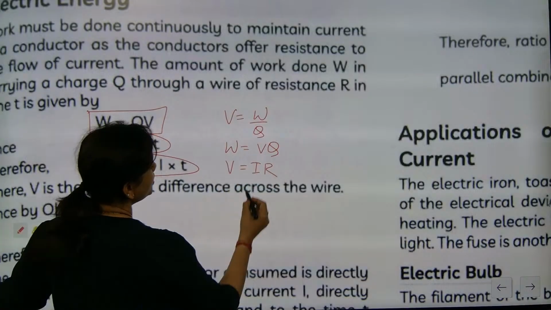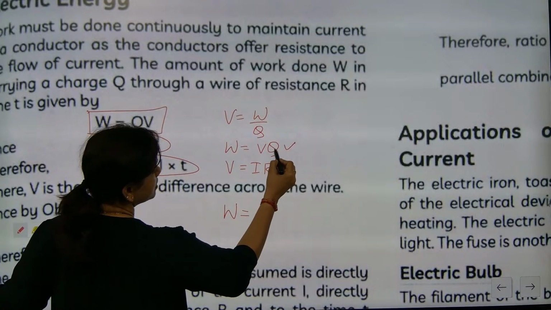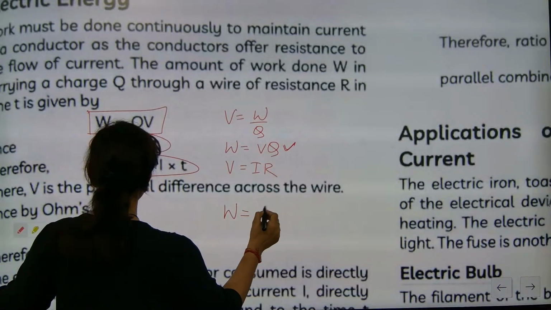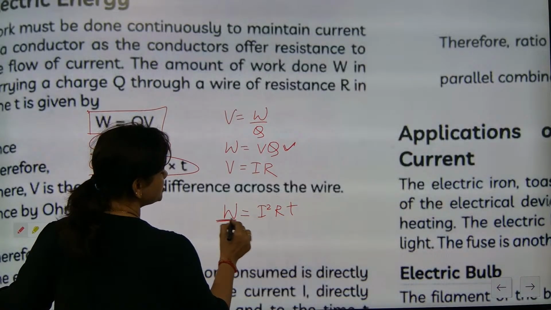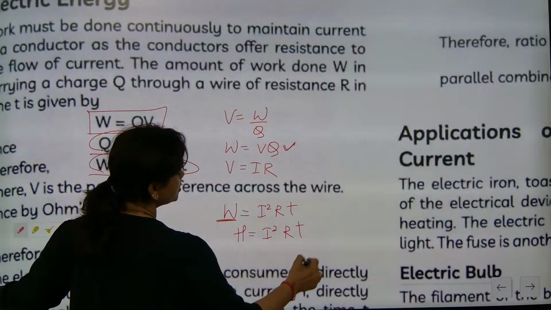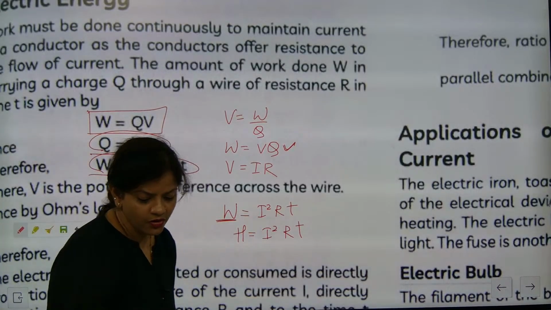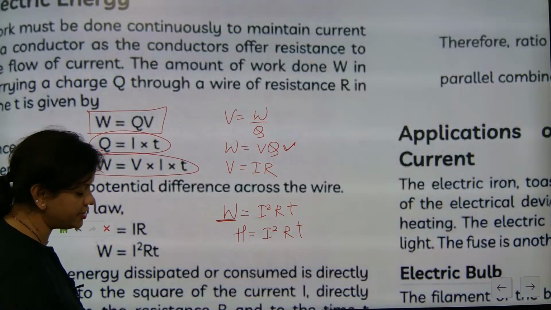So instead of V, if I put it, it will become W is equal to I R into Q. Q is equal to what? I t. So it will become I square R t. Directly it will come, and work done is nothing but the amount of heat produced. So here H is equal to I square R t, and that becomes the heating effect of current.